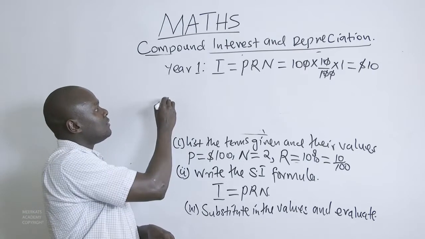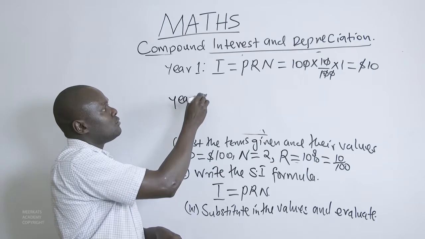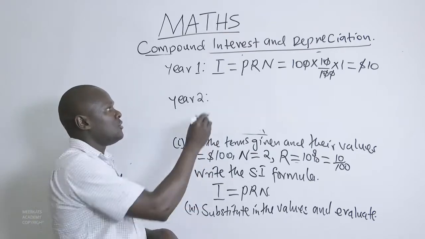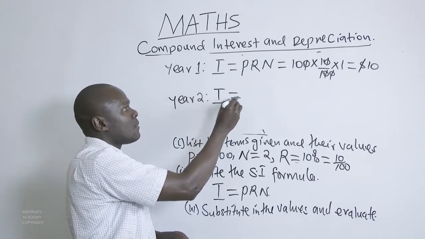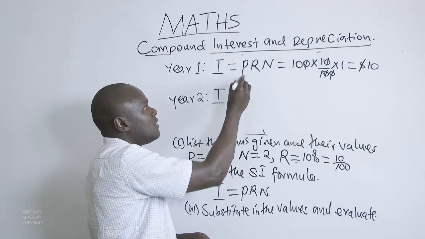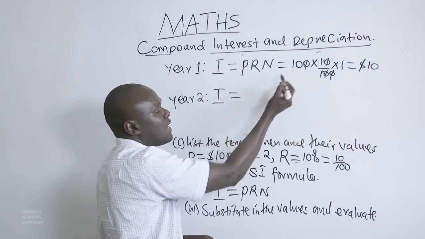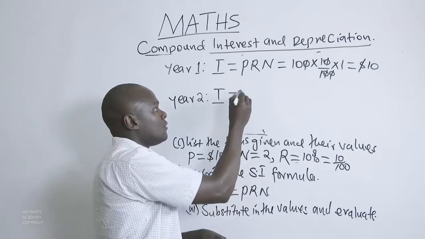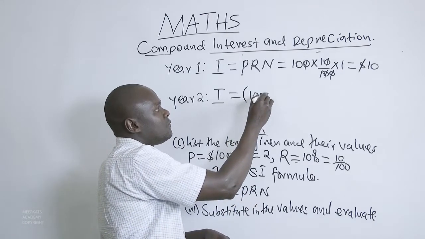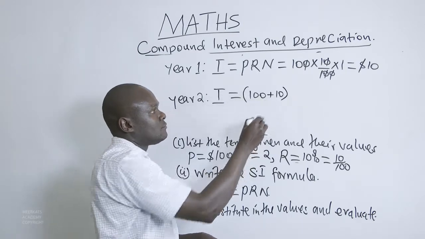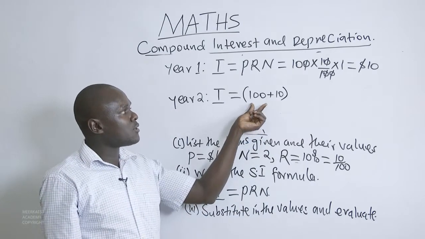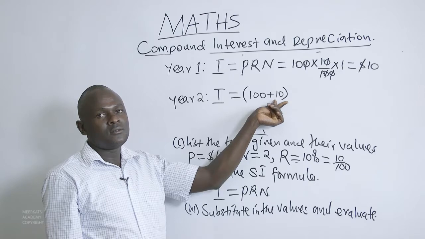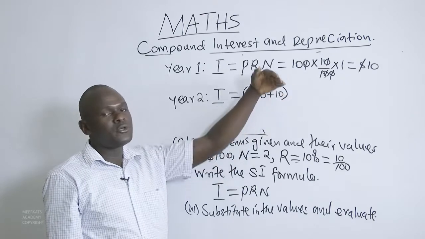In the second year, which I'm going to call year 2, we have agreed that the principal will change. We will have a new principal. Instead of 100, it will be 100 plus the interest that we calculated in the first year, 100 plus 10, because we are going to accrue interest on the principal as well as on the interest that was accrued in the first year.